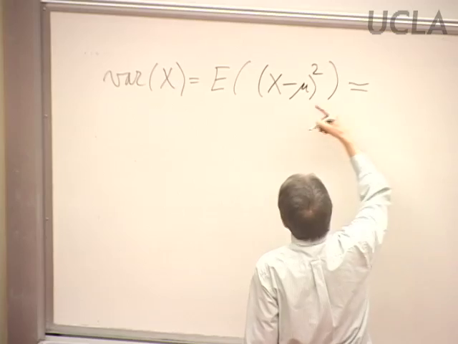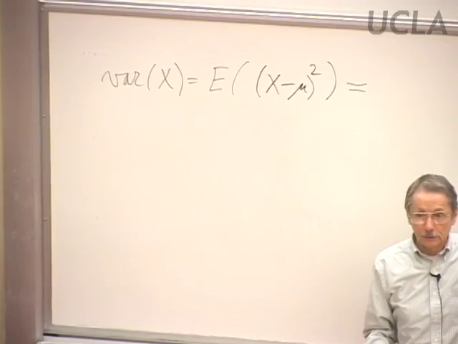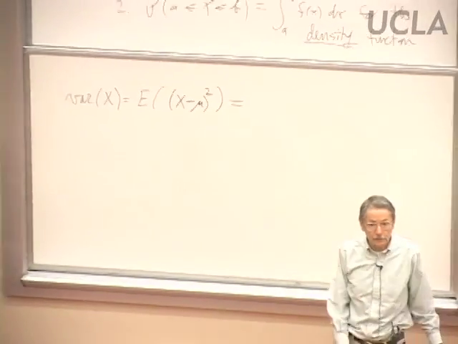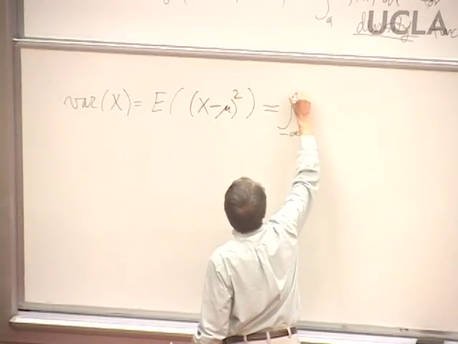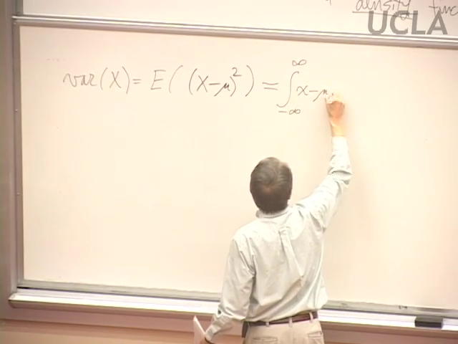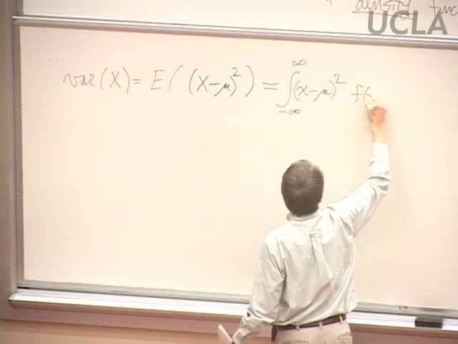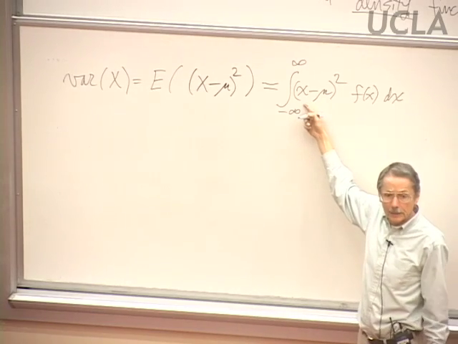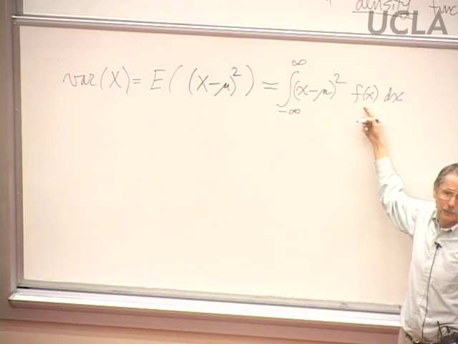But the expected value now is, of course, an integral. x minus mu squared is this other continuous random variable, and its expected value is, well, we integrate the various things that x minus mu squared can be, each weighted with the appropriate probability.